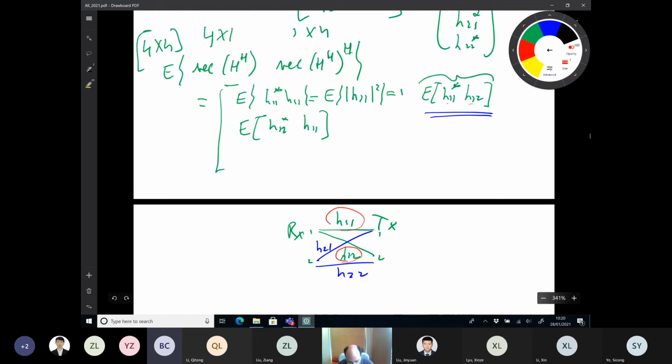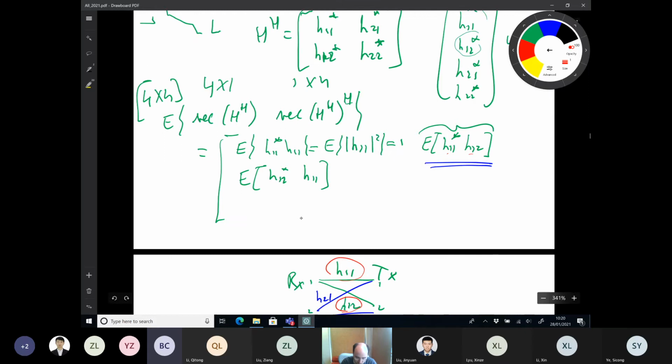So I'm looking at the first receive antenna, and from the first receive antenna, I'm looking at the correlation between those two channel gains. That will tell me, from the first receive antenna's perspective, how those two channels relate to each other. Are they correlated with each other? How much are they correlated, or are they completely uncorrelated? And you can do this.